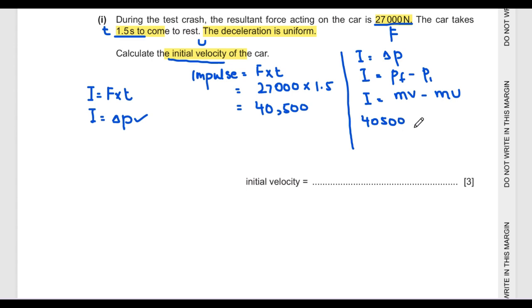Substituting all the values that we know, impulse is 40,500, final momentum is 0. For initial momentum, the mass of the car is 950 and initial velocity is the needed value. Arranging it with respect to initial velocity, it would be 40,500 divided by 950. I am just ignoring the sign, and this will give you the answer of 43 meter per second.